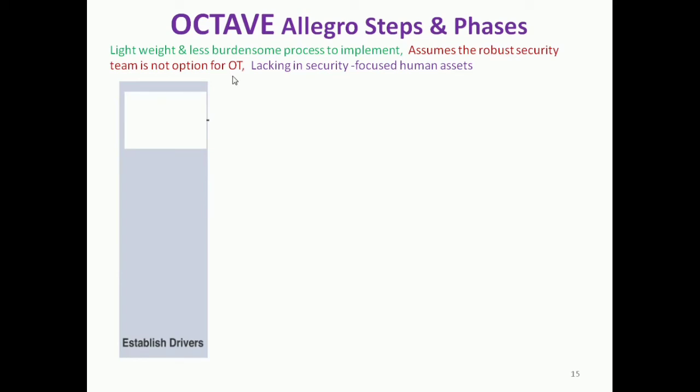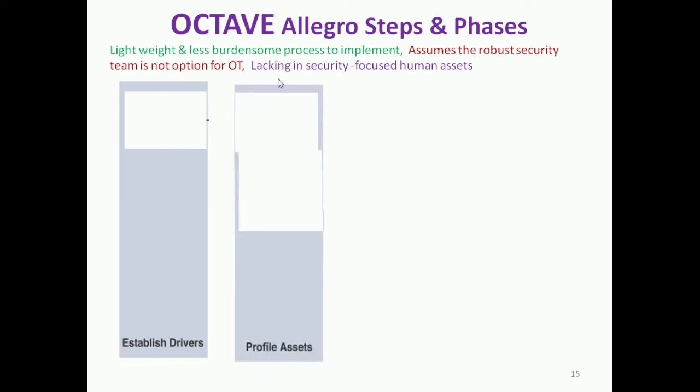It is not an option like maybe for IT, right? We treat it as compulsory. So we have to implement that. We can take care of how we maintain the secure devices and the entire system, which lack security-focused human assets, right? So security-focused human assets are most important.